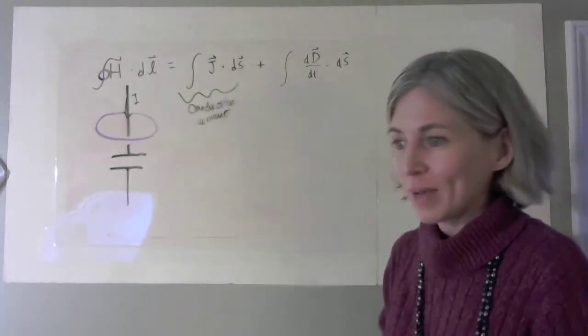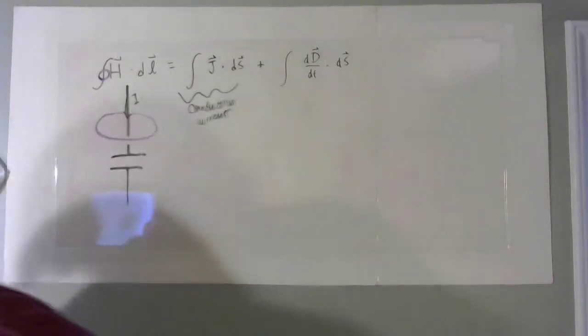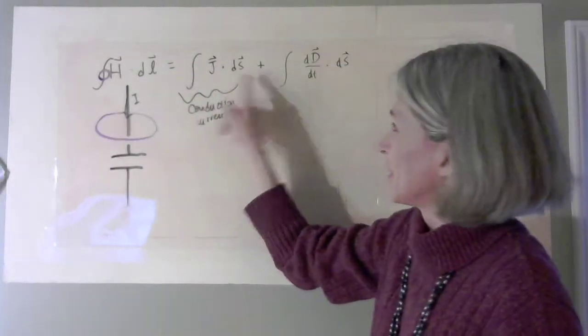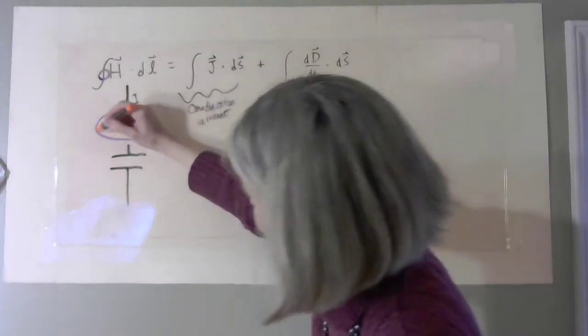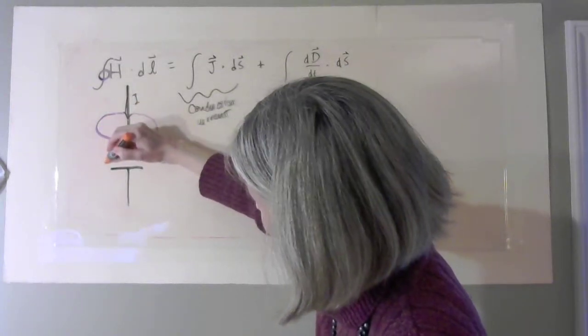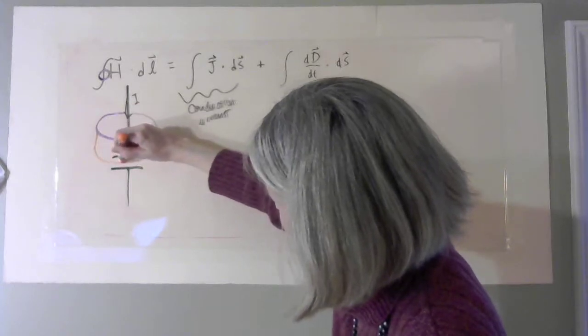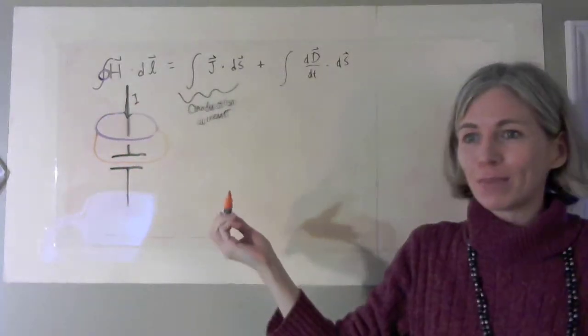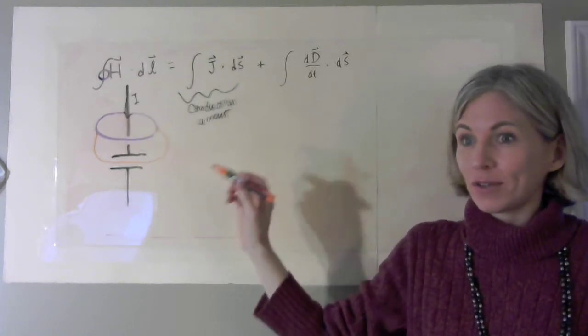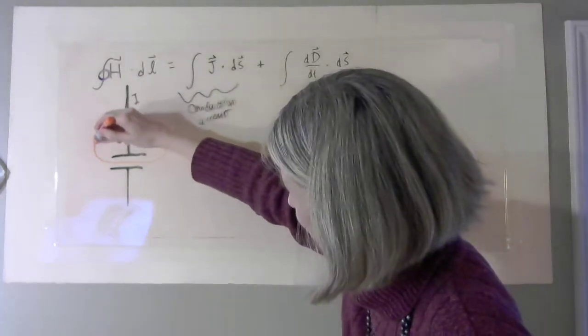But when you're in the capacitor, if instead of drawing a surface that passes through the wire, what if your surface kind of bubbled out? You're allowed to use any surface you want. So I bubble out my surface so that it goes through the capacitor instead of through the wire.